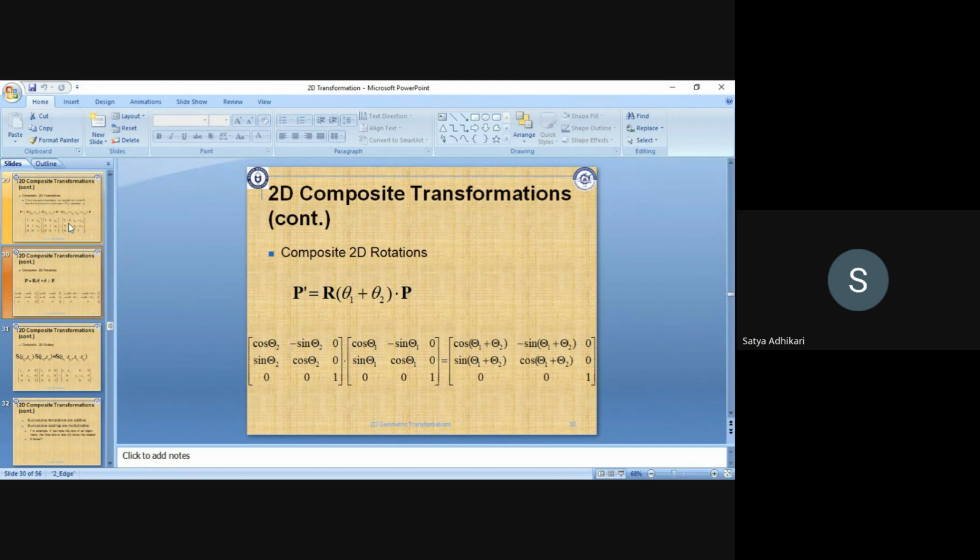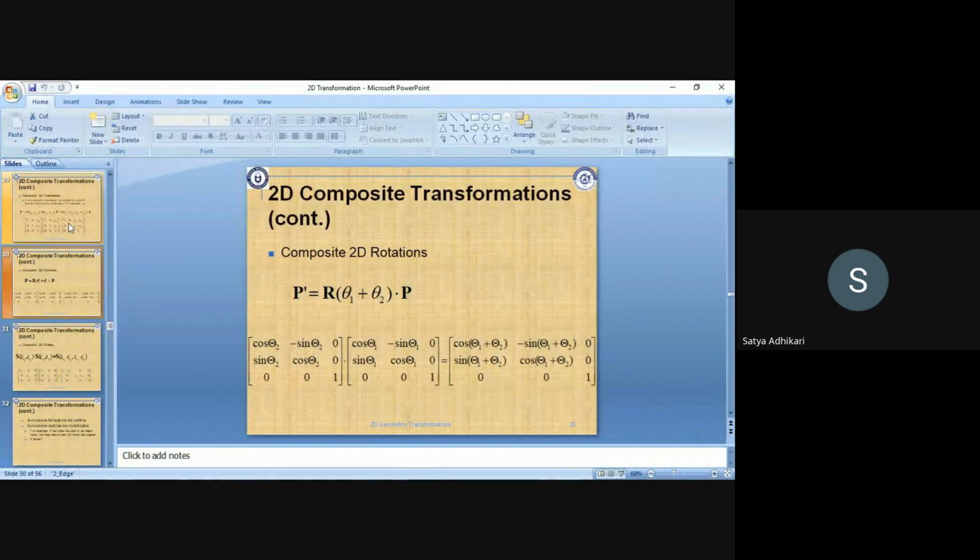This is for the homogeneous coordinate system. It is the same as cos theta, minus sin theta, cos theta. I have only taken theta 1 plus theta 2 in place of theta, because it is a composite transformation. That is, first we rotate theta 1 degrees, then theta 2 degrees.